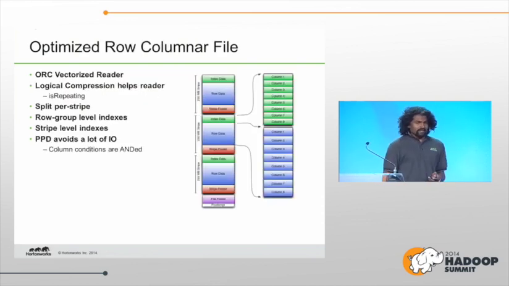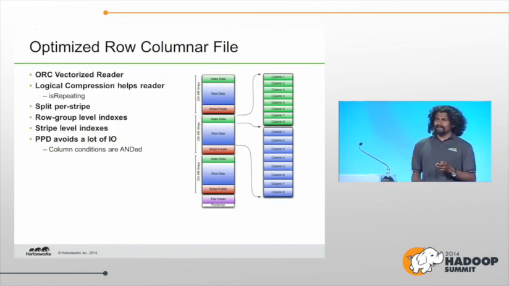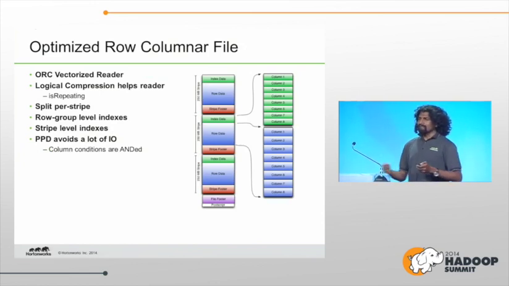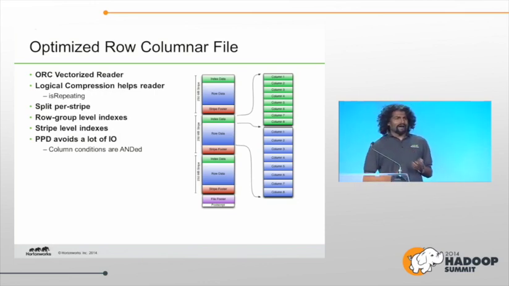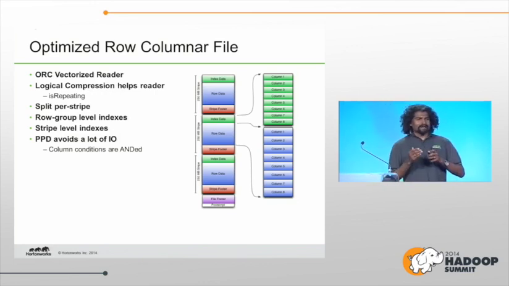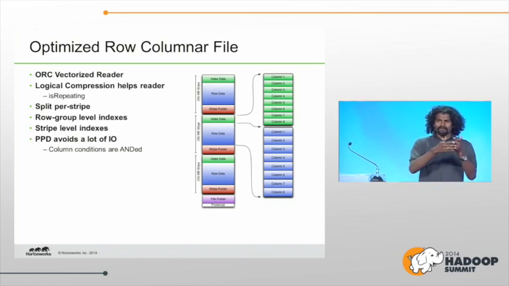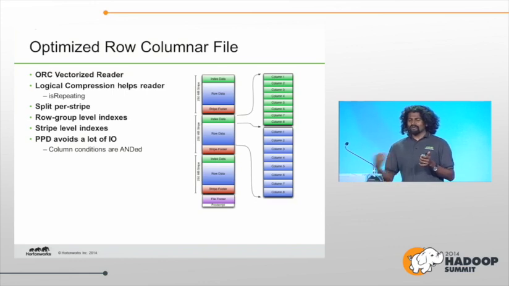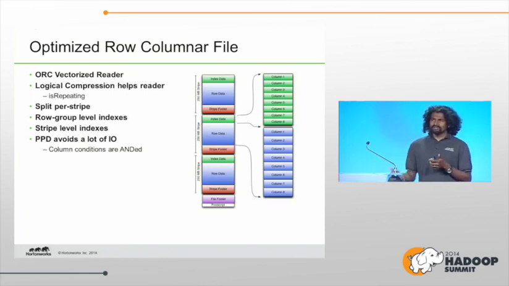Next part, the file format. So we found that RC file, which is what people used to use, had significant limitations in a lot of ways. One of the things that RC file had was run length encoding, right? RC file had run length encoding built into it, saying that if a column repeats, store the fact that it repeats. But we had no way to actually read it out. And we did not have a way to actually do something like dictionary compression.